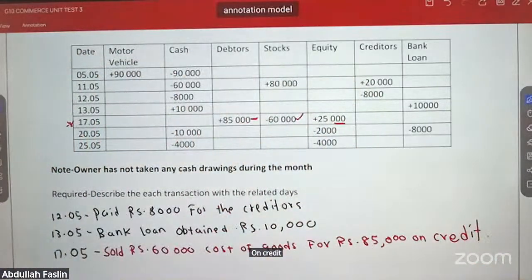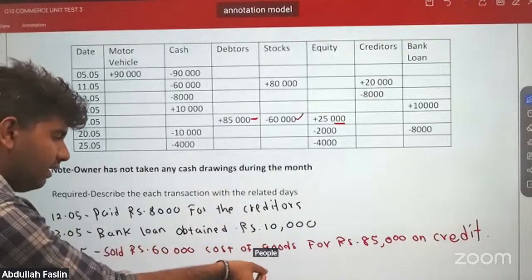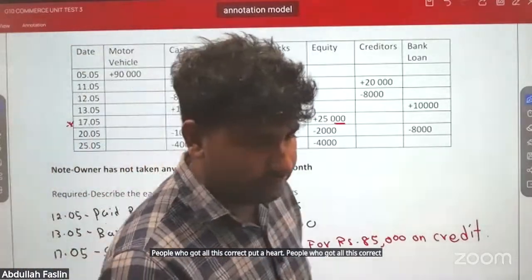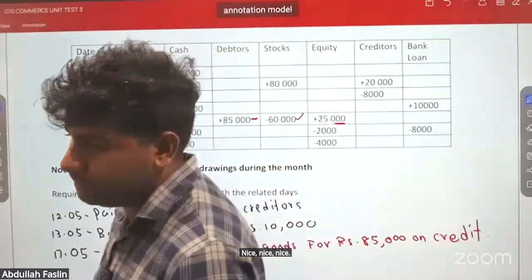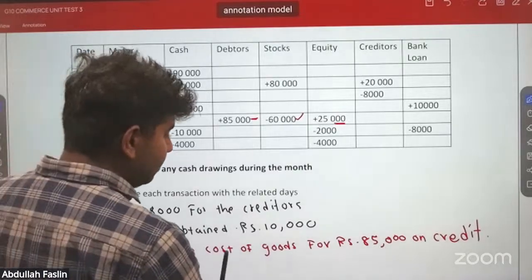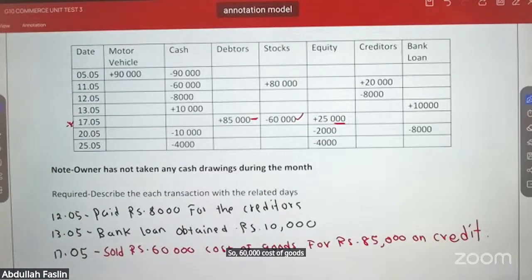People who got all this correct, put a heart. Nice. So 60,000 cost of goods for 85,000 on credit.